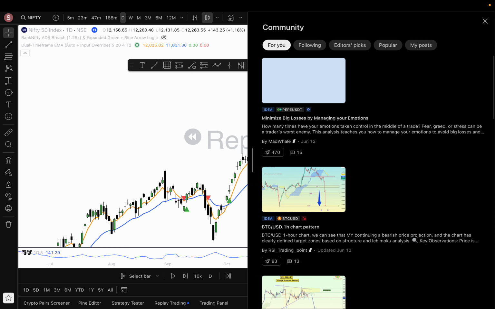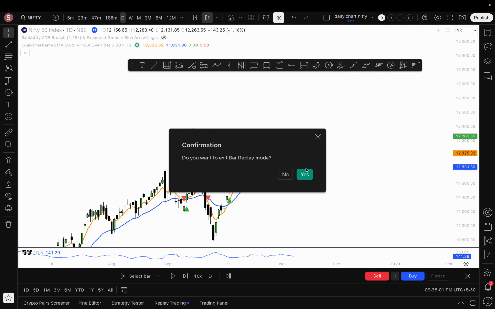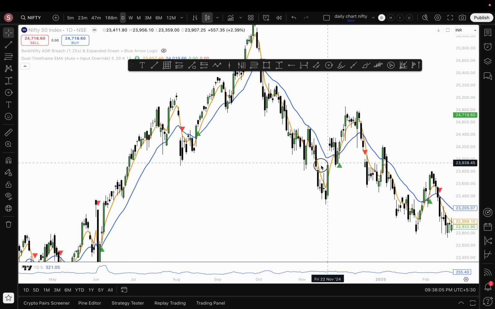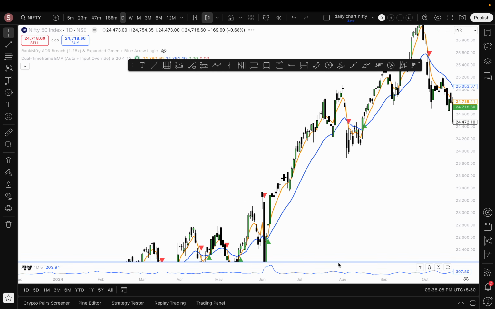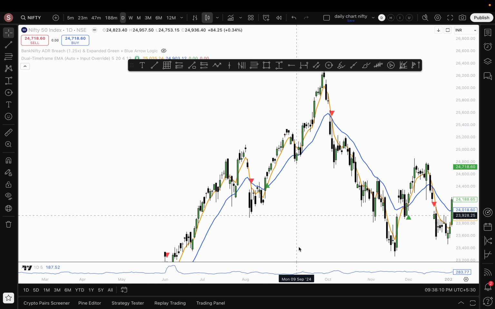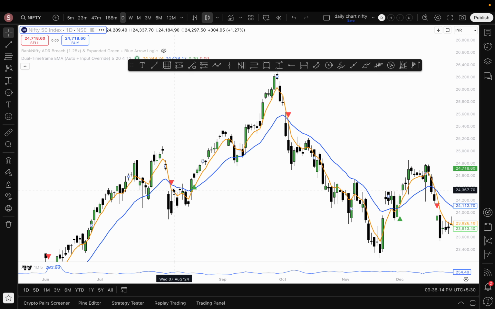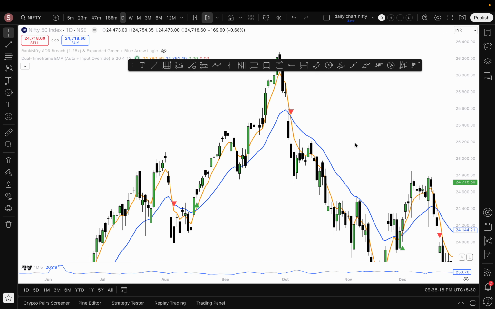But if we go here, this one, this is where it actually works. As you can see, this is where you get a first entry. This is what I was talking about: the moment it closes below here, this is where you buy.